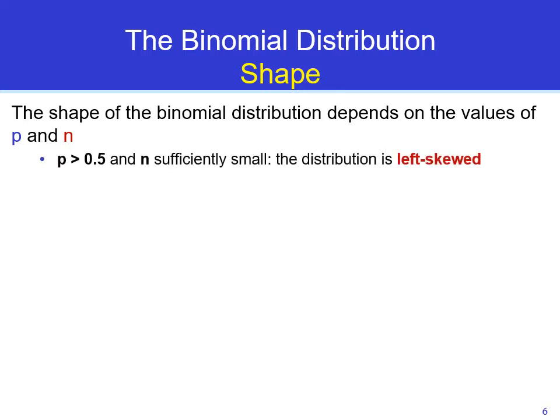If the probability of success p is greater than 50% and n is sufficiently small, the distribution is left skewed. Sufficiently small is less than 30. So if p is greater than 50%, where the probability of success is between 0 and 1, and n is small, then the distribution is left skewed.